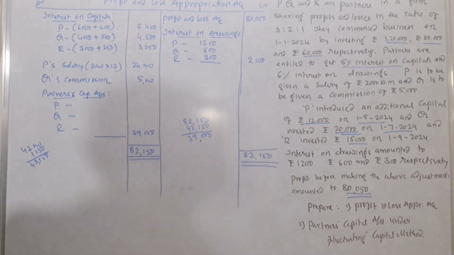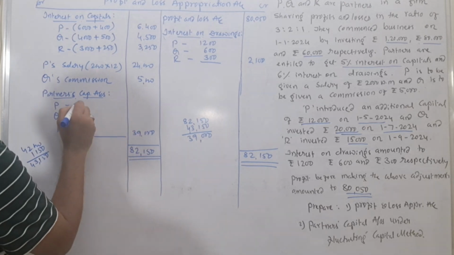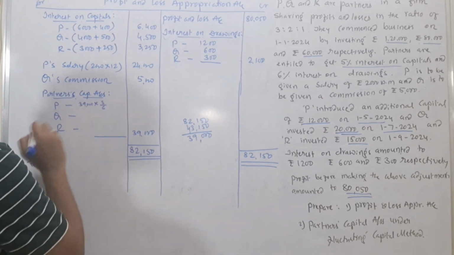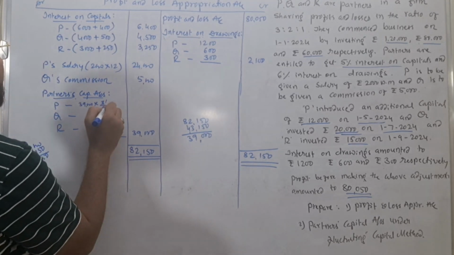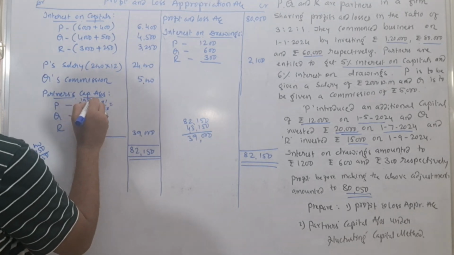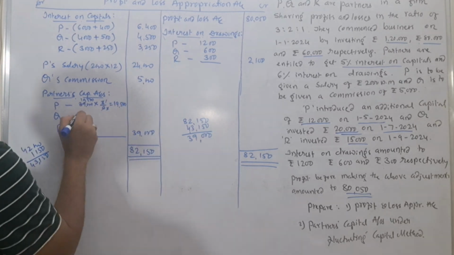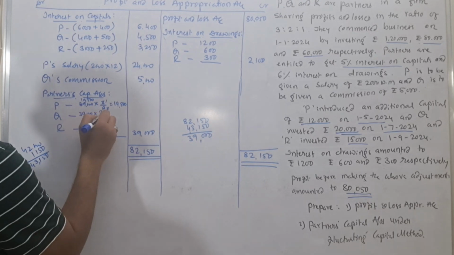3:2:1. Very simple thing. Okay, calculate the share of Mr. P. What is the profit? 39,000 is there. His share is 3/6. It comes to how much? 19,500 is the share of P. Next one is share of Q is 2/6.